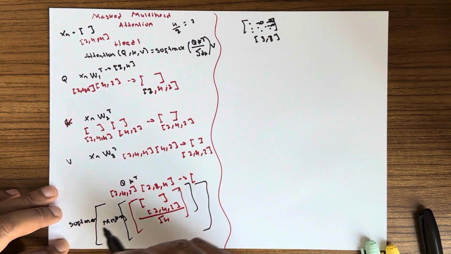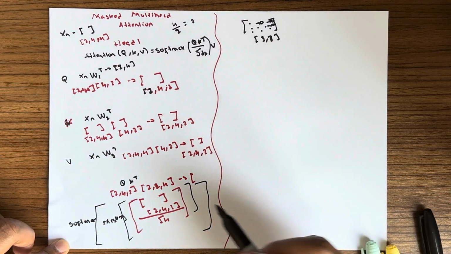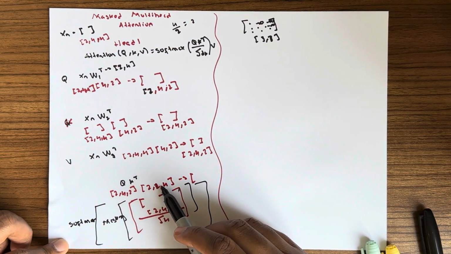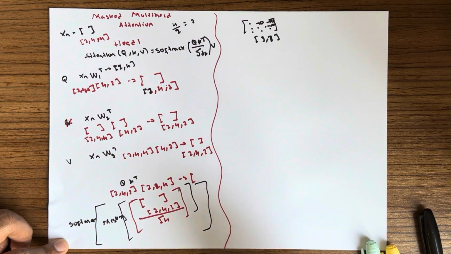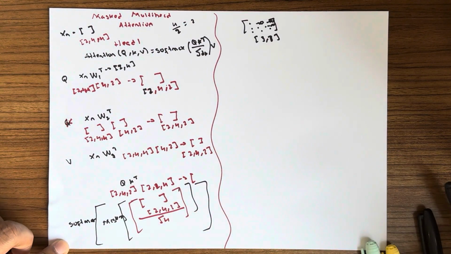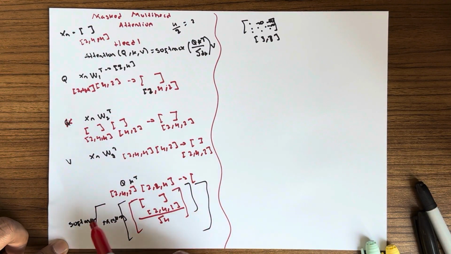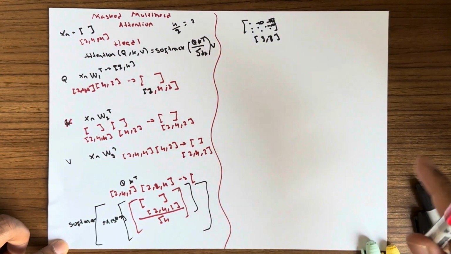Both softmax and masking will not change our dimension of that 2 by 2 by 4. Remember, the output of the softmax is a probability distribution.